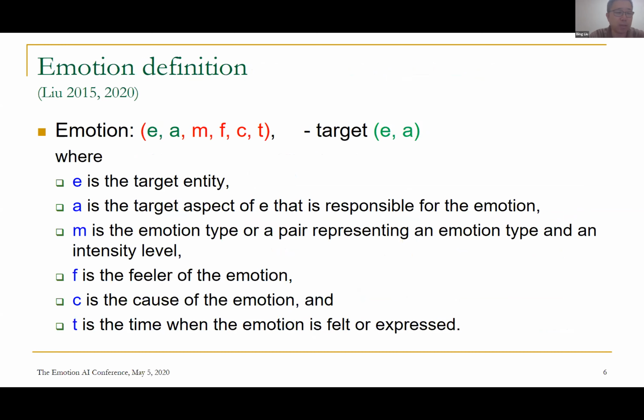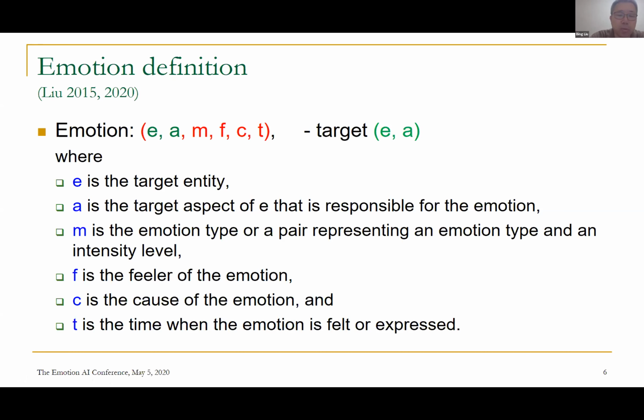So in terms of definition, I'm going to give a definition in a fairly structured way. This is a tuple, and the first and second elements of this tuple are essentially the target. In natural language, when we express emotion, normally you have a target, and you have an emotion against that target.